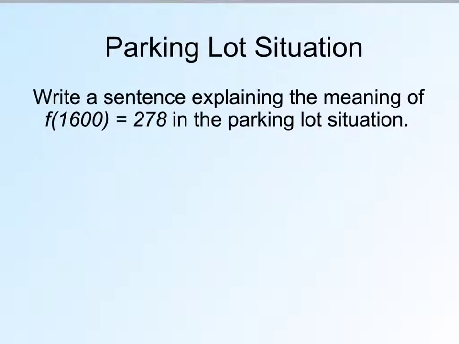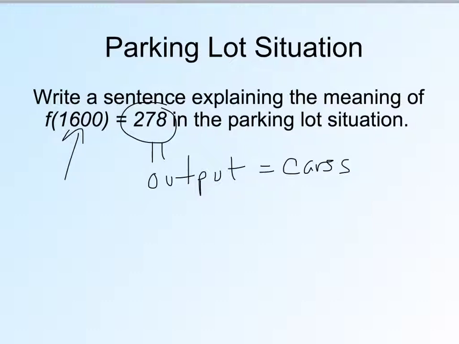Okay, write a sentence explaining the meaning of f of 16 equals 278 in the parking lot situation. Okay, well, remember we equaled our output, which was the number of cars in the lot, and this was our input, which was time.